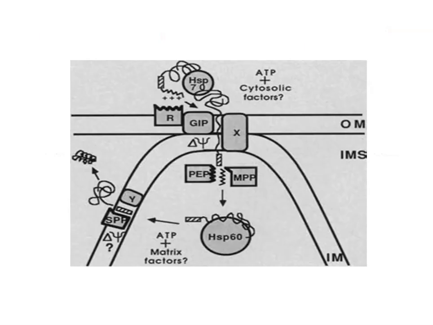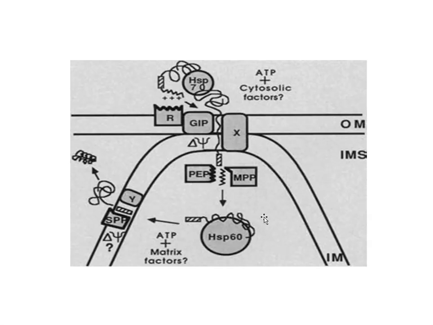Now, for better understanding, I'll explain this process with the help of this diagram. Just look at this diagram. This is mitochondria, outer membrane, intermembrane space, inner membrane, and this is matrix.